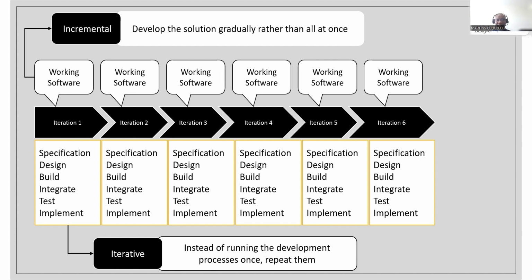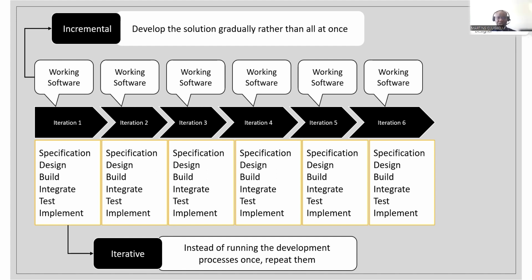So that has been better explained with this slide, where the top part is showing the incremental and the bottom part is showing the iterative. Basically, what iteration means is that instead of running the development process once, you repeat it. In the first iteration, you go through the specification, design, build, integrate, test, and then implement.